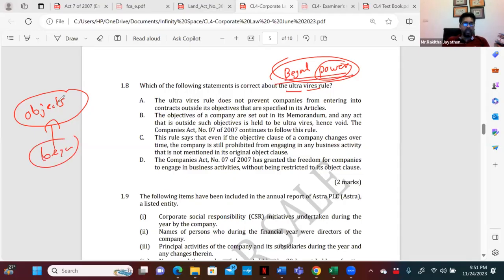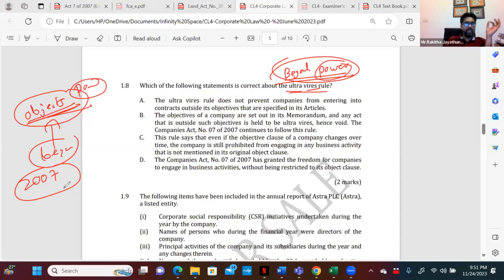Those days, when you mentioned the objects of the company, your power to do transactions was limited to the objects. So if you do something going beyond the objects of the company, they were ultra vires. But when they introduced the 2007 Companies Act, they went away with that restriction. Now, it's not mandatory to have objects of the company.